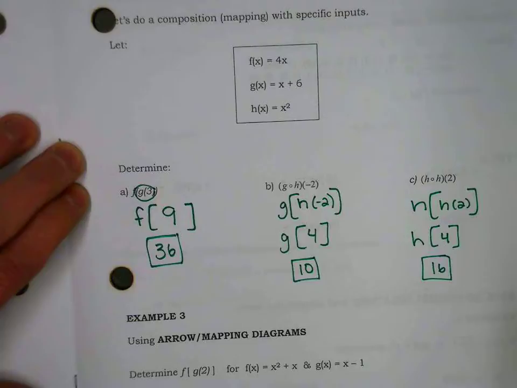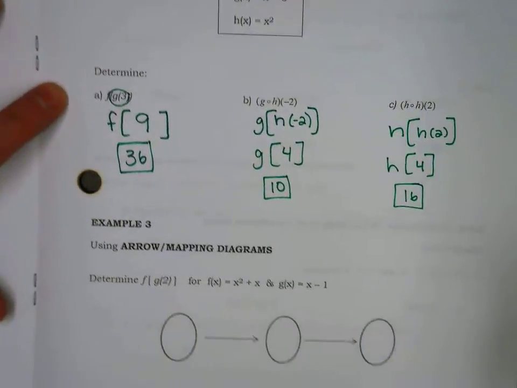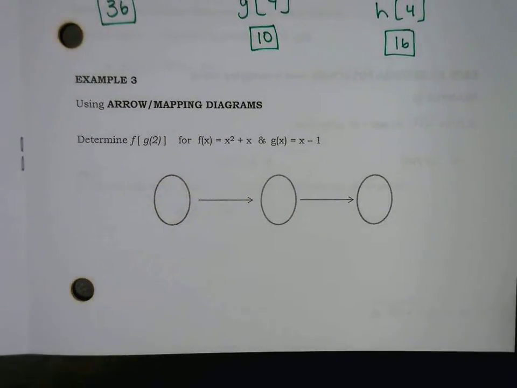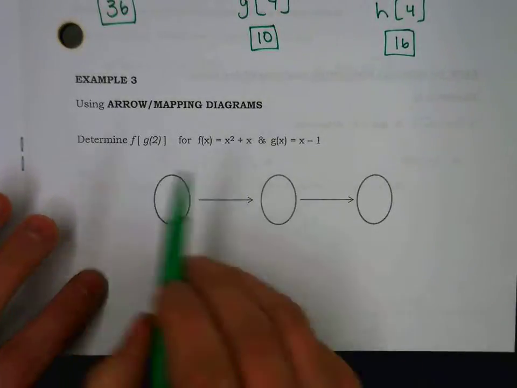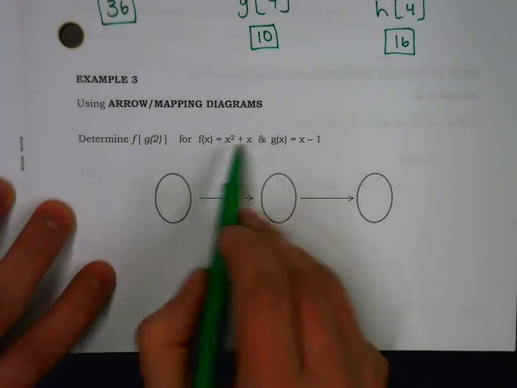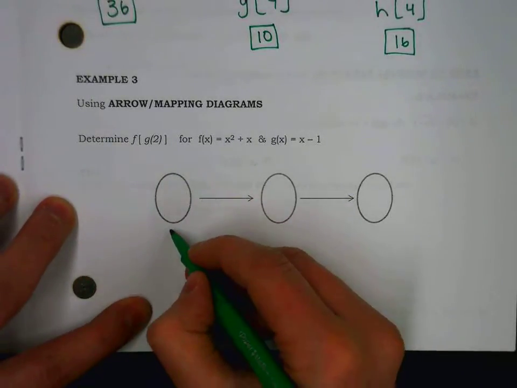So I've been talking quite a bit about inputs and outputs, and there's a way to map this using something called an arrow diagram. Just to reiterate this idea of inputs becoming outputs, we're going to map this with an arrow diagram. So the question asks for a function f and a function g, determine f of g of 2. So what we're actually doing is we're starting with an x value.